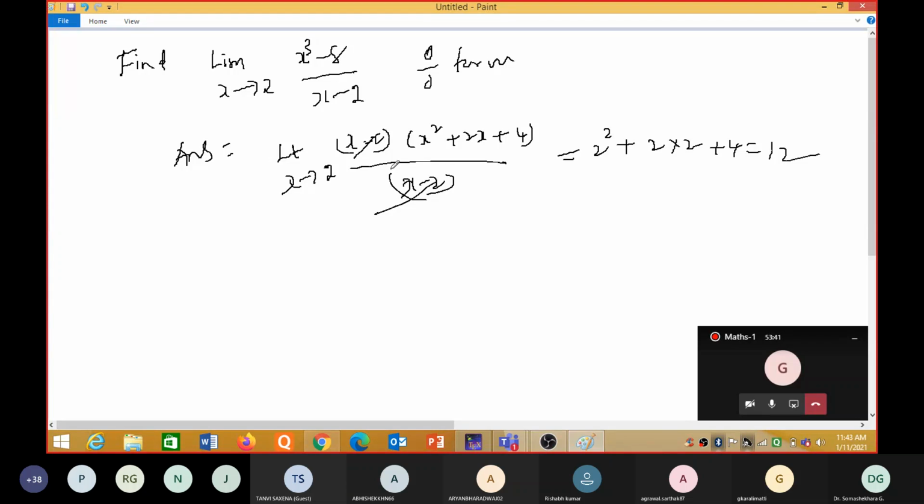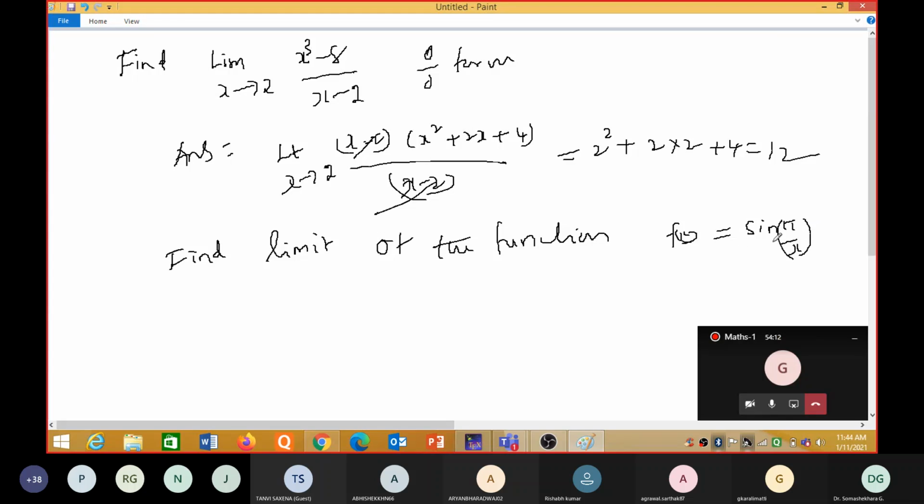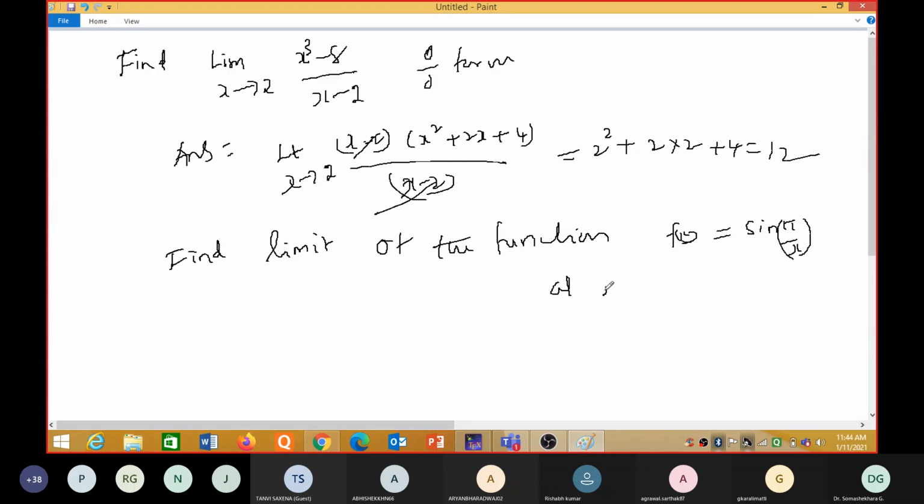See, you take another function. When you take this function, I will tell you its behavior is very nice. For all these problems I will send notes today only. Find the limit of the function f of x equals sin pi by x, at x tends to 0.